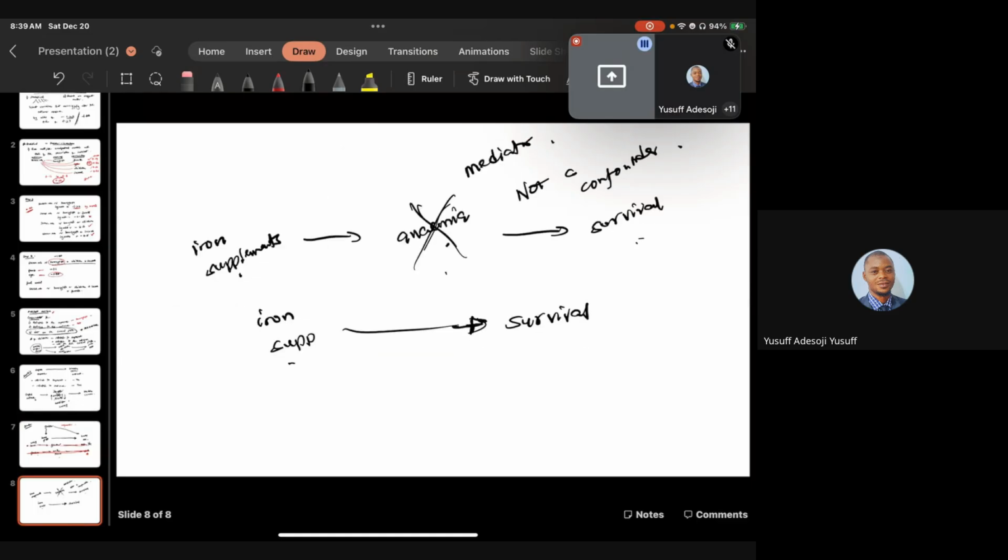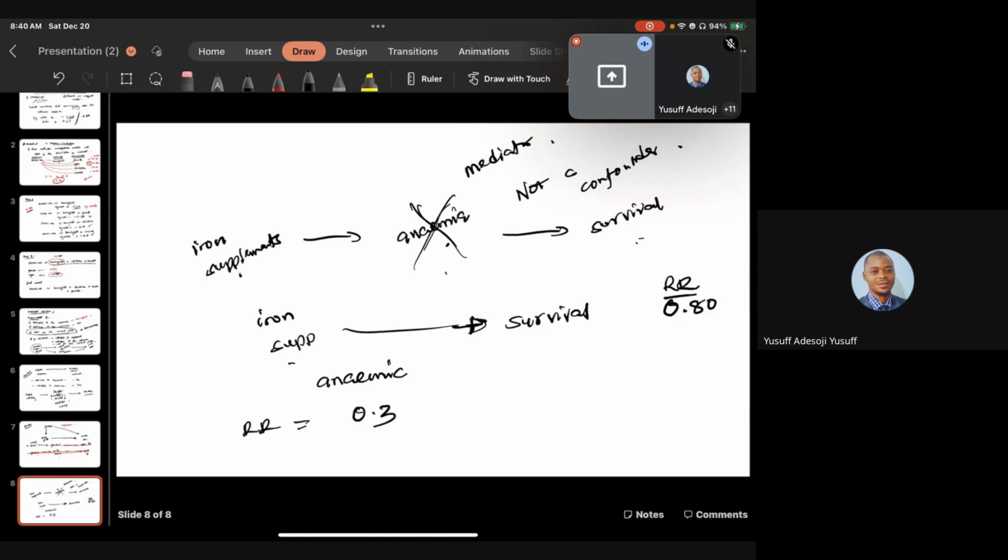So if we come back to this example, say the effect of iron supplementation on survival, let's say people who receive iron supplements in general have a relative risk of 0.80. But if they were anemic, the relative risk might be 0.3.